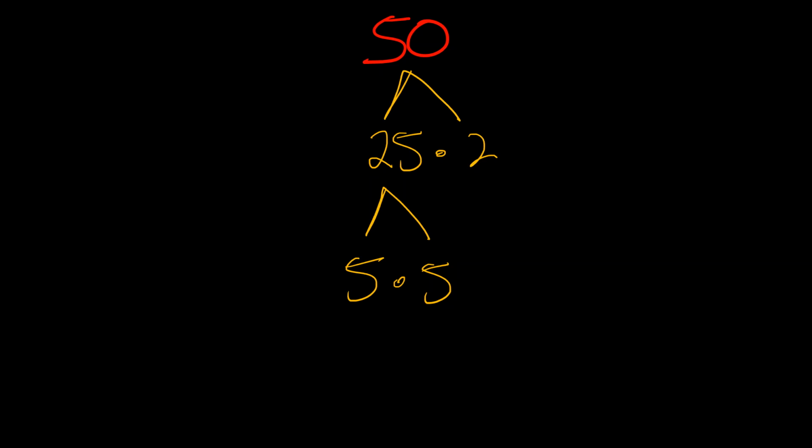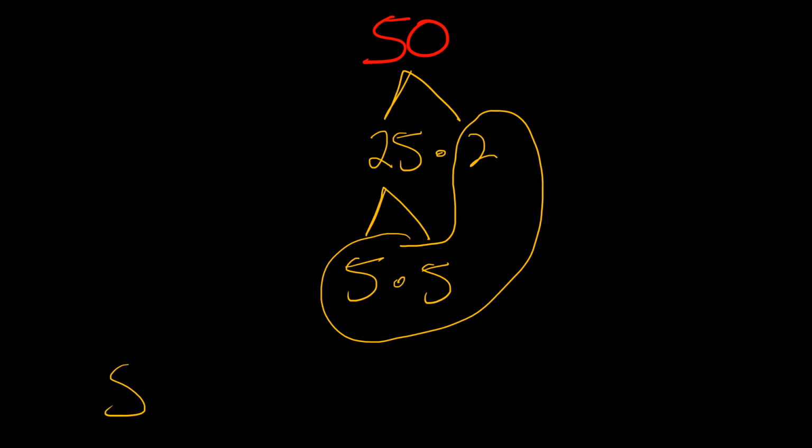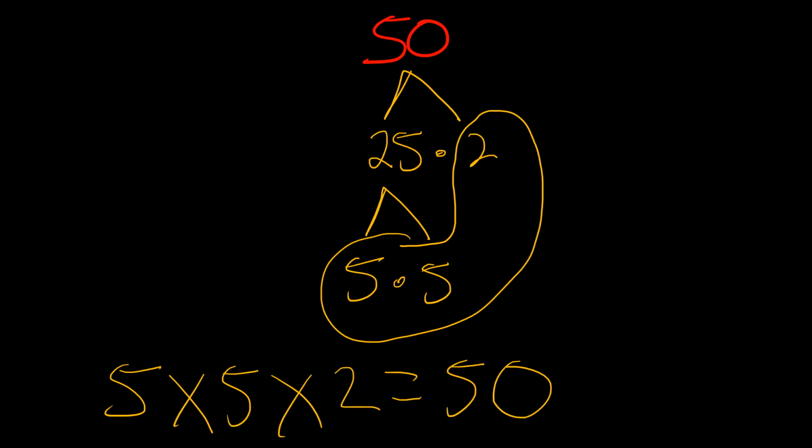Therefore, we have found our prime factorization of 50: 5 times 5 times 2 gives us 50. Notice all these numbers are prime, and that's why it's called the prime factorization. We're finding all the prime numbers that are multiplied together to give the number.